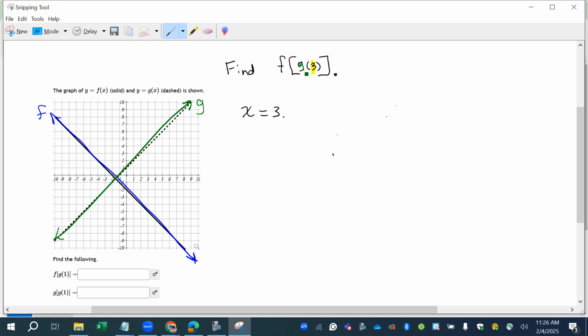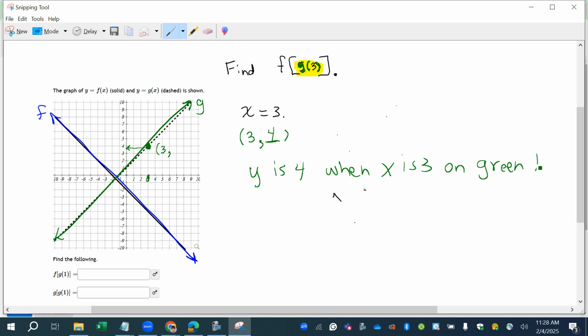I'm going to focus on this part that says g of 3 for x, comma, lining up with a vertical location of 4 on the y-axis. So far what we said is that y is 4 when x is 3 on the green line. Okay, that's what we just said.